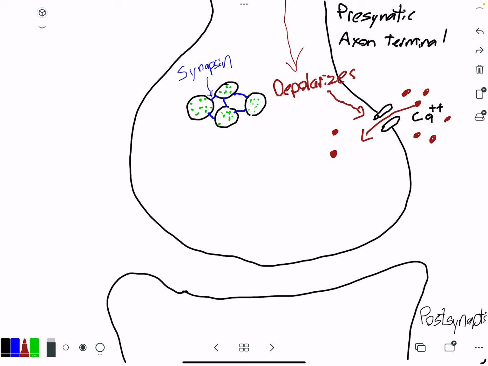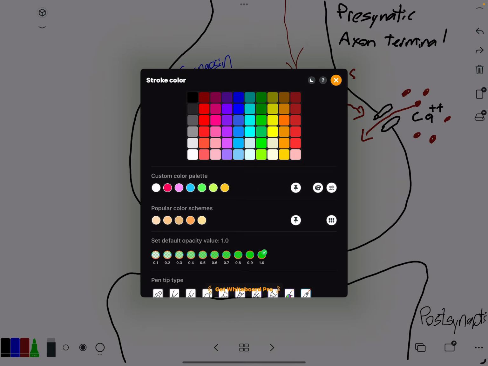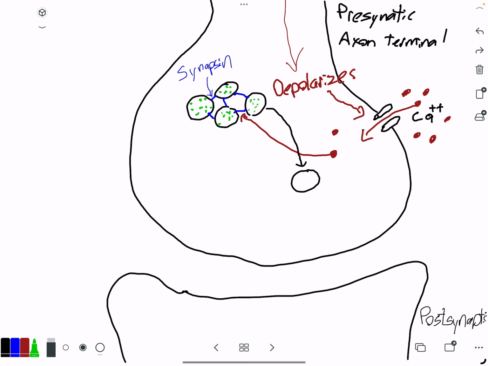Now, the sudden rise in calcium concentration is a trigger. First, this calcium mobilizes individual vesicles away from this complex, this vesicle-synapsin pool.